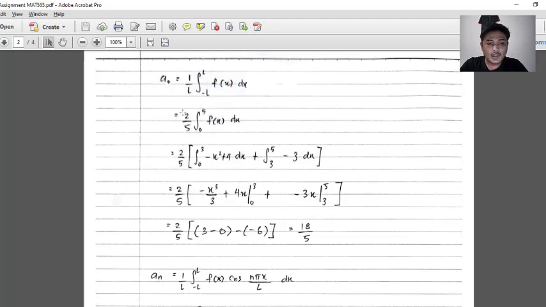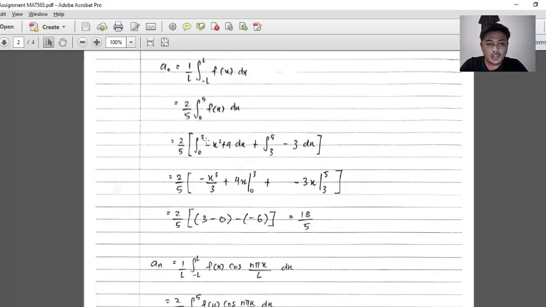So the L is 5/2 and this is 1/L, just inverted. Then we integrate the equation of -x² plus 4 and -3. And after integrate, we replace the 3 minus 0 in this equation, and also replace 5 and 3 in the x of this equation, and we got the final answer is 18/5.